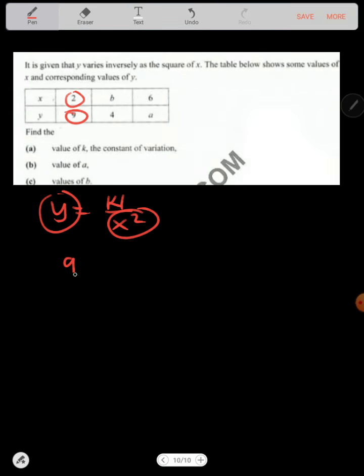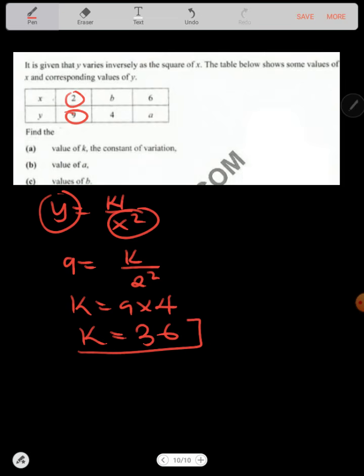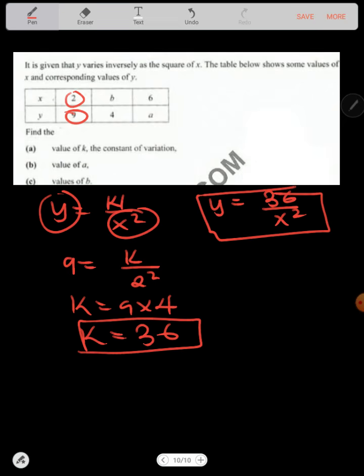So y is 9, which is equal to k over x, where x is 2 squared. So k is equal to 9 times 4. Now what is 9 times 4? It gives you 36. That's the value of k. Now our equation is 36 over x squared. This is the equation that we are going to use. The value of k is 36.